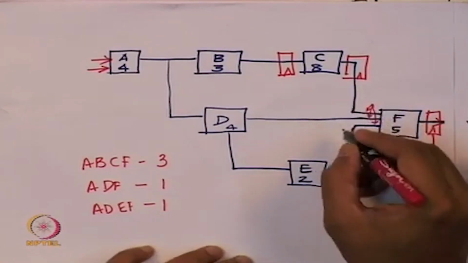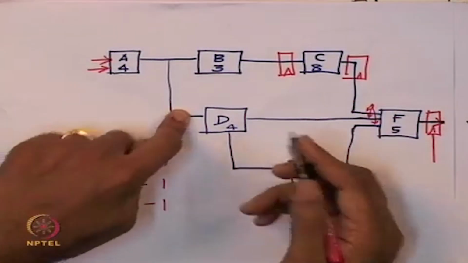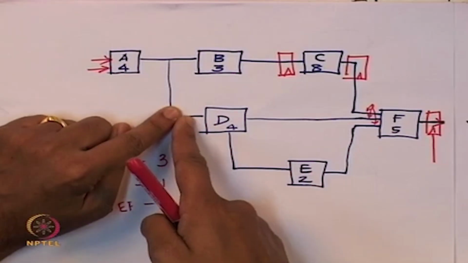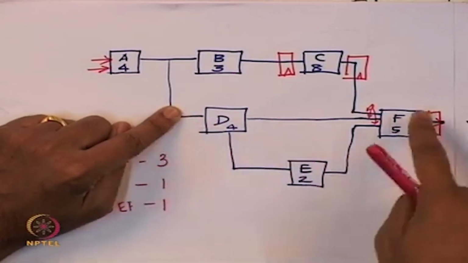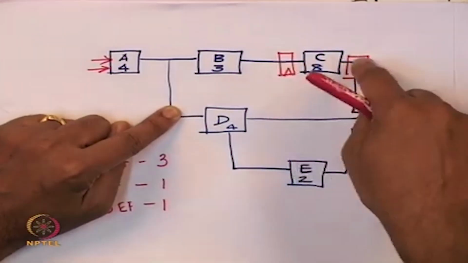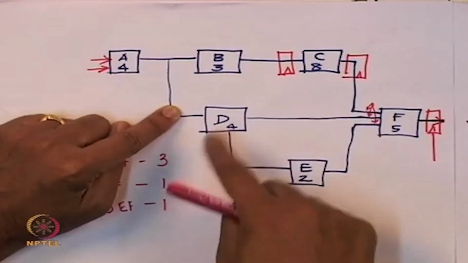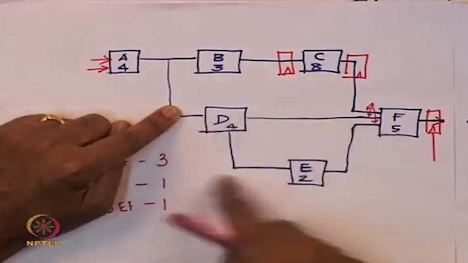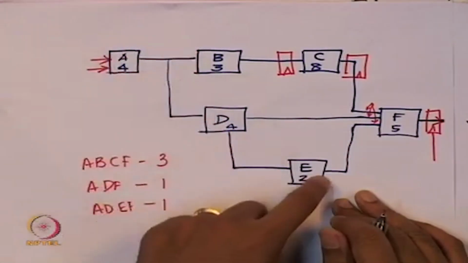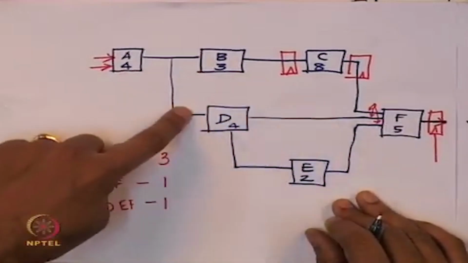So a simple thing to do is, let us say I put a flip flop here, then from this flip flop to this flip flop, so I have already decided a flip flop for this location, it is at the output of C. Given that, now I have choices to where to put for the other ones. So I need flip flops on ADF path, I need flip flops on ADEF path. So I can put it here or I can put it here, right?